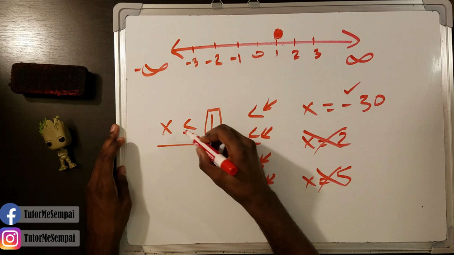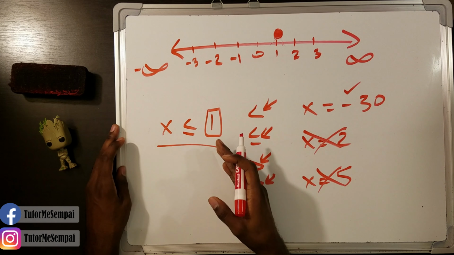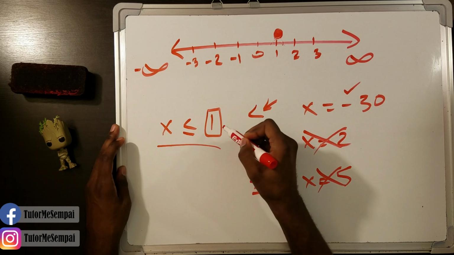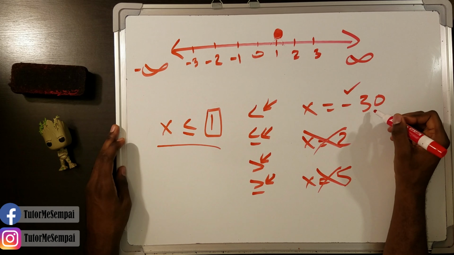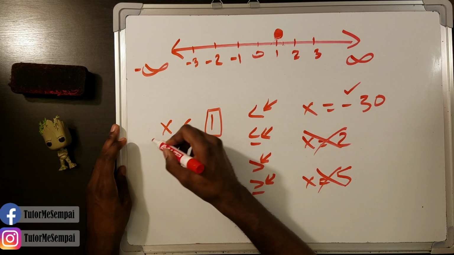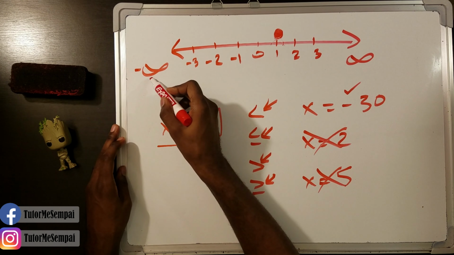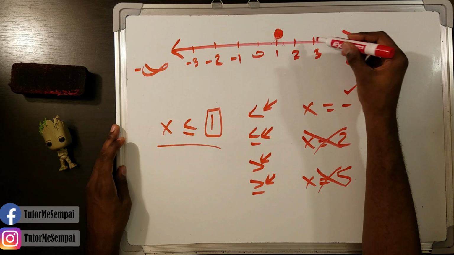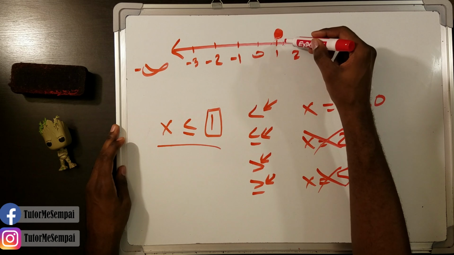So we can move on with the equals because after this part, it's exactly the same. All x's less than or equal to 1. We already talked about how negative 30 is an option, right? But there have to be more than that, right? Because we're looking at all possible x's, and this goes to negative infinity, and this goes to positive infinity. Well, we already saw that it can't be bigger than 1.